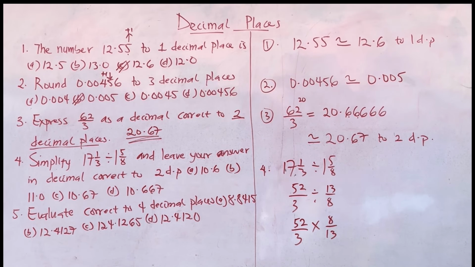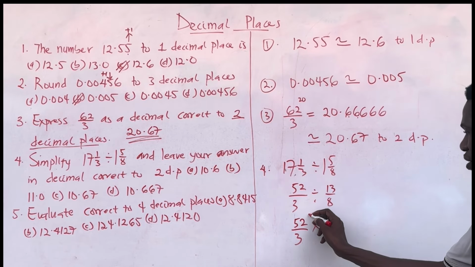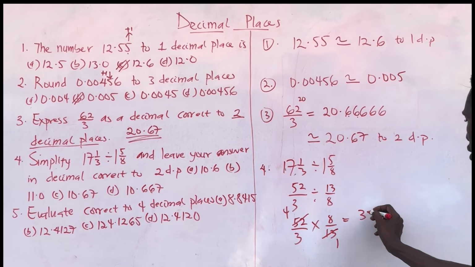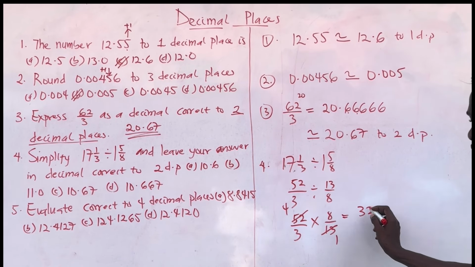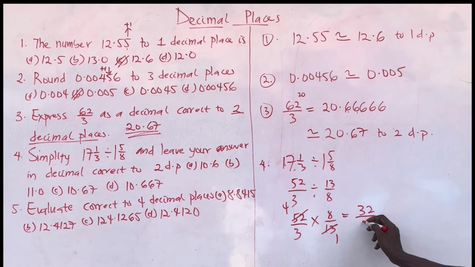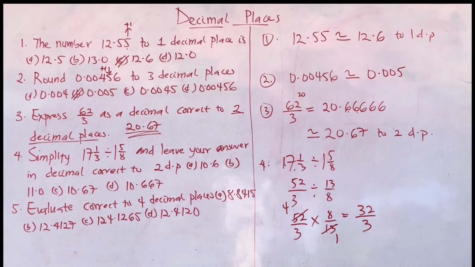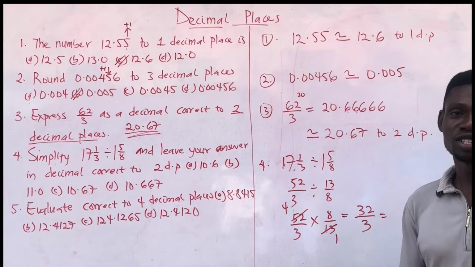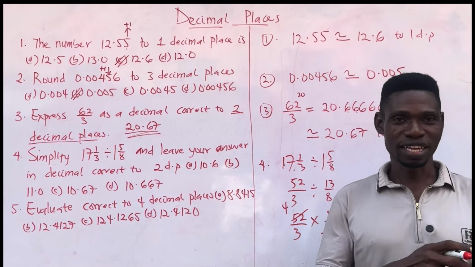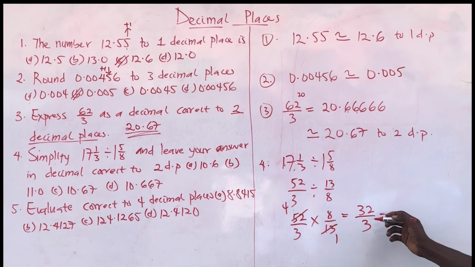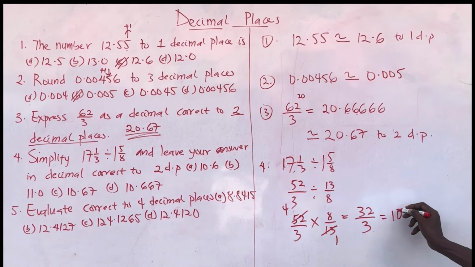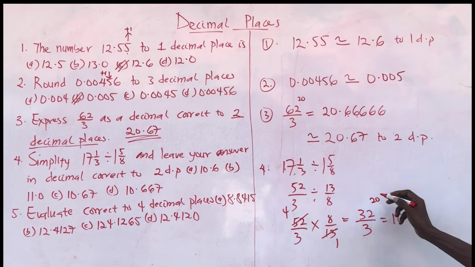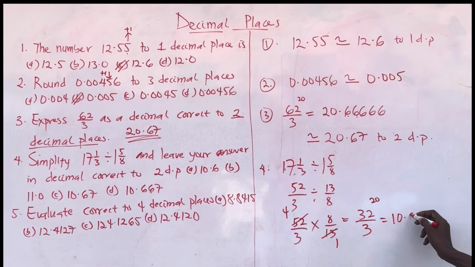So 13 here is 1, 13 here is 4. So here we have 4 multiplied by 8 is 32, over 3 multiplied by 1 is 3. Remember what I said? For the sake of the exam, you can use your calculator to get your answer and go. Time is of the essence. But here, let's just do it together. So 3 into 32 is 10. 3 times 10, 30, remainder 2. So you add 0, 3 in 20, that's 6.